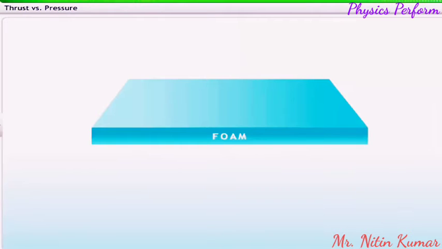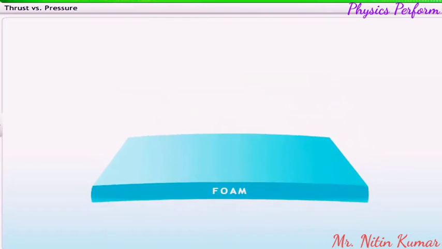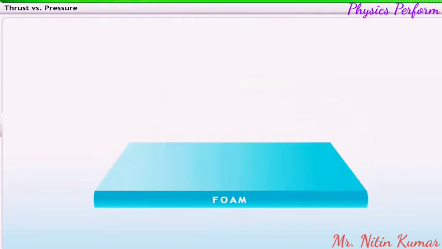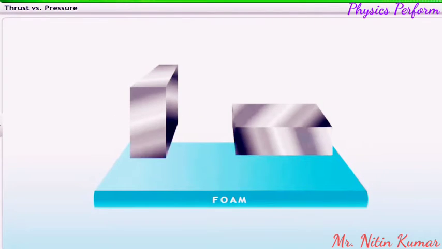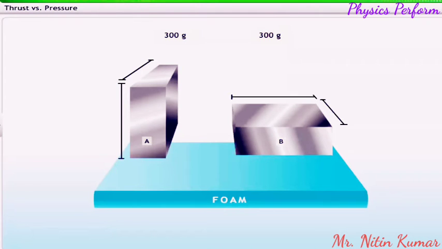Another example will help illustrate further the distinction between thrust and pressure exerted by a body. Take a piece of foam and two identical metal blocks, say A and B, weighing 300 grams. The length, breadth, and thickness of these blocks are 30, 20, and 10 centimeters respectively.